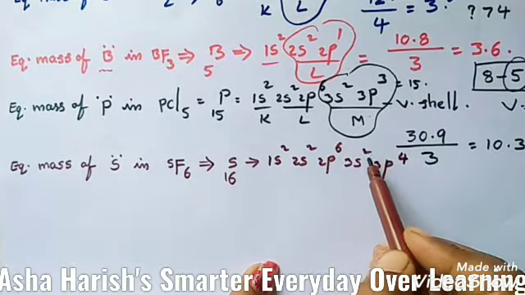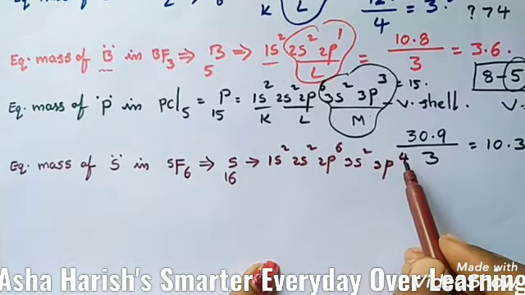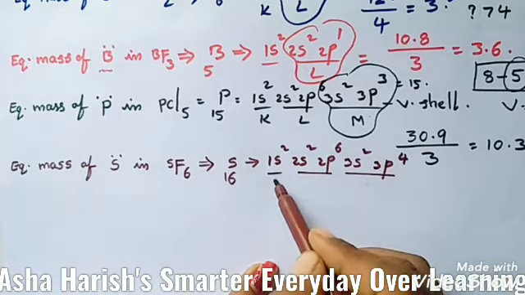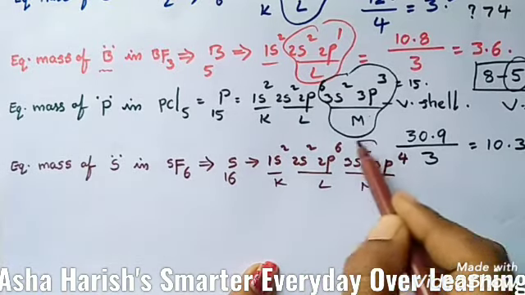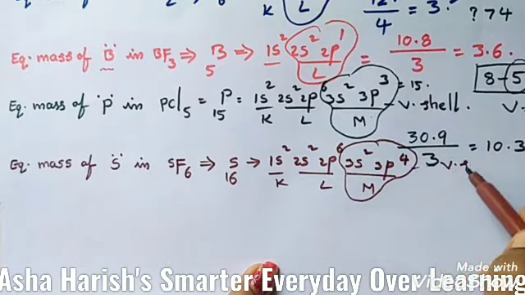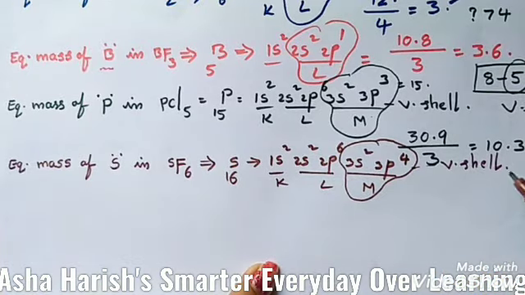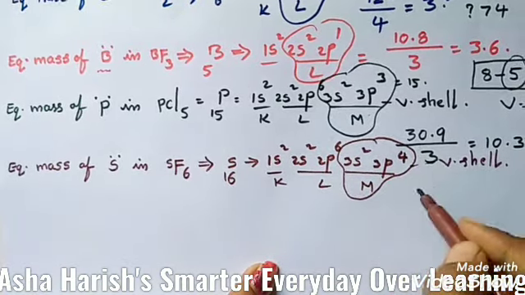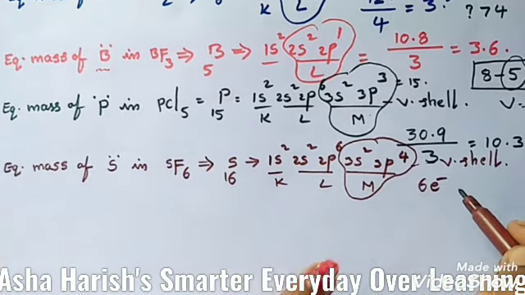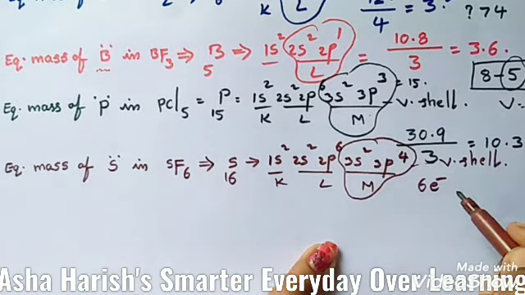Here 10, 10 plus 2, 12, 12 plus 4, 16. This is the first shell, second shell, third shell, K, L, M. The M shell, that is the third shell, is the valency shell, nothing but the outermost shell. Now students, the valency shell contains 6 electrons, so those 6 electrons are the valency electrons.